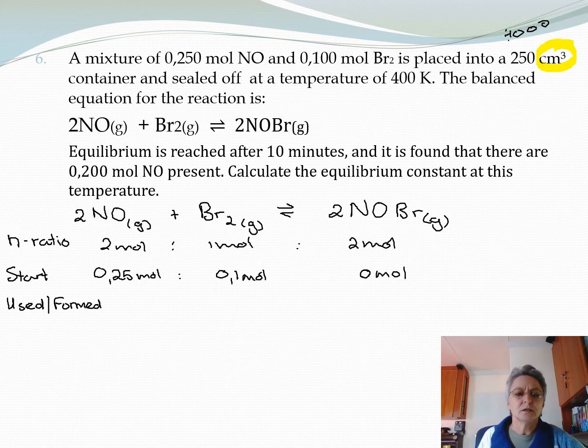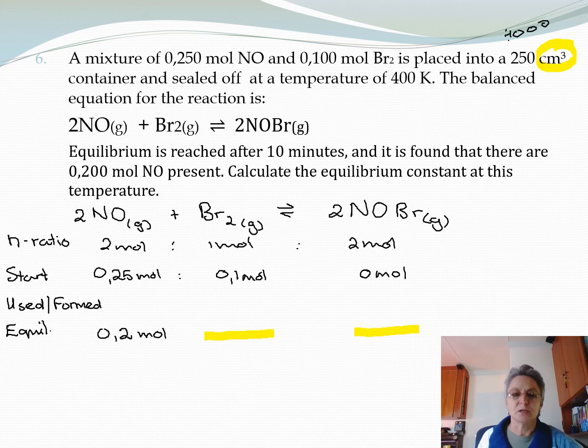Then what is there at equilibrium? Right, at equilibrium there are 0.2 moles of nitrogen monoxide. I don't know the amount of bromine that will be present, and I don't know the amount of NOBr that will be present.